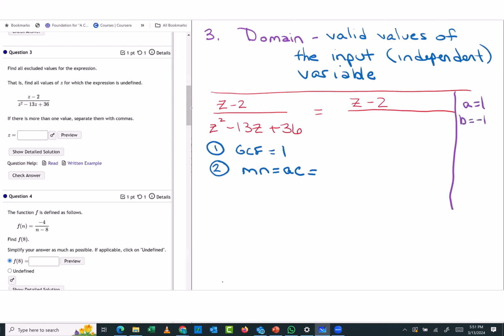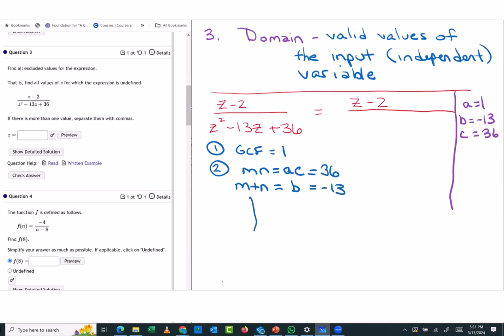B equals negative 13. And C is equal to 36. I want to find two numbers that multiply together to give me a times c, which is 36, and add together to give me b, which is negative 13.